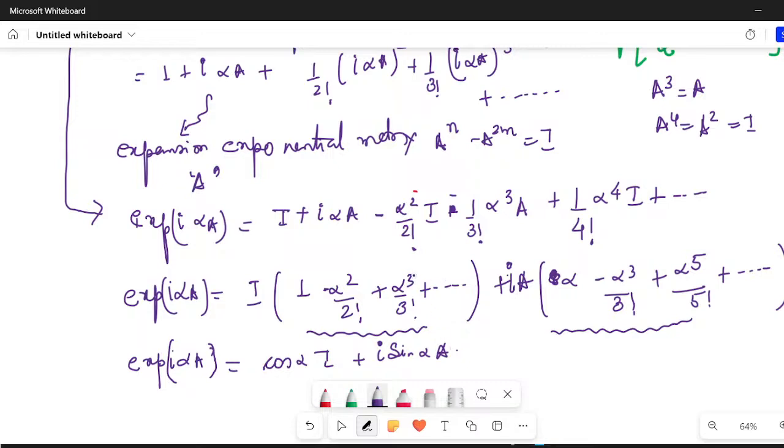Okay, sorry, this is not power 3, this is alpha to the power 4 upon 4 factorial. Sorry, see, this is alpha to the power 4 upon 4 factorial. Okay, I hope it is clear now. See, identity now. So identity we have to take common out.